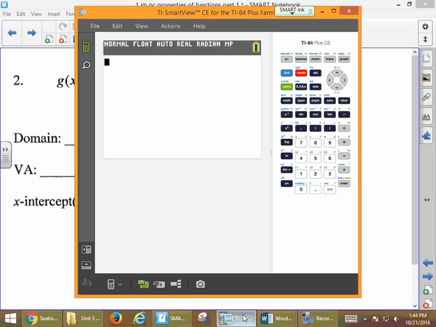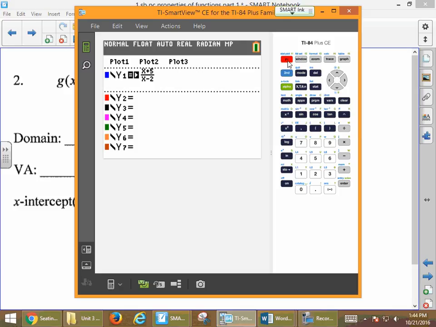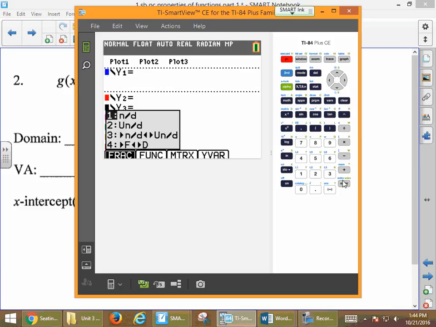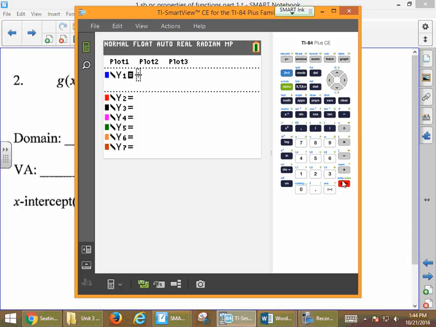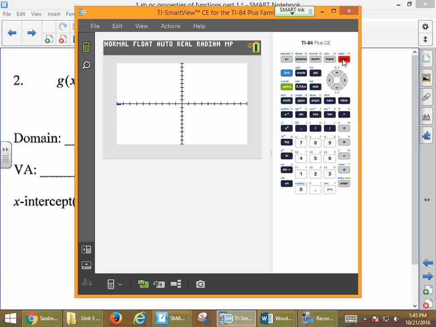So we'll go over here to the calculator, go to y equals, and we will type in our function, which is x divided by x squared minus 9. I'm going to look at the picture.